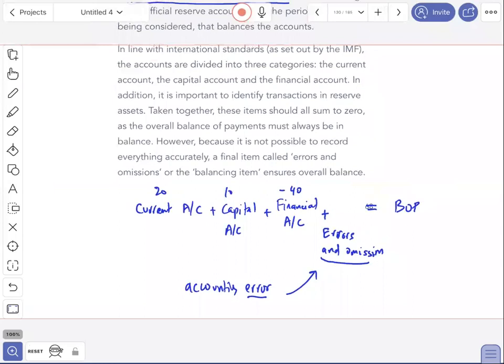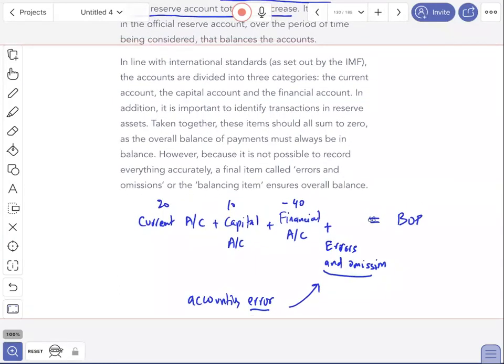Let me read this here: in line with the international standards as set up by the IMF, the accounts are divided into three categories: current account, capital account, and financial account. In addition, it is important to identify transactions in reserve assets. We talked about that. Taken together, these items should all sum to zero. But let's say 20 plus 10 is 30. 30 minus 40 is minus 10.